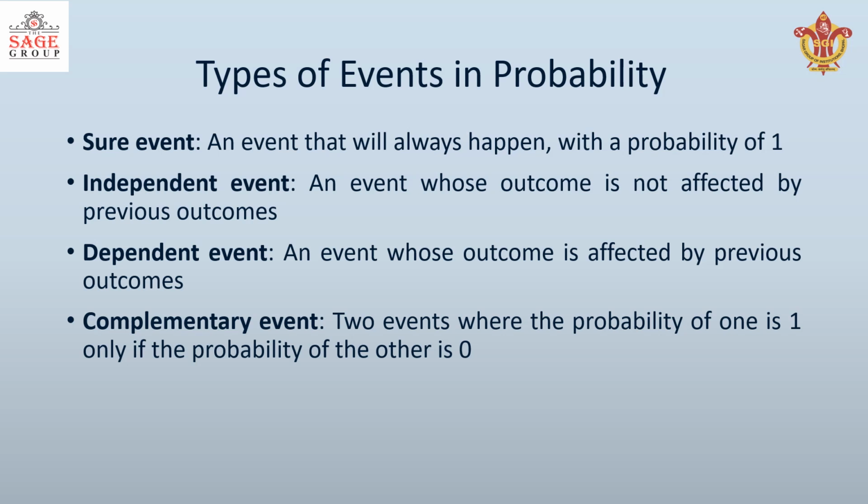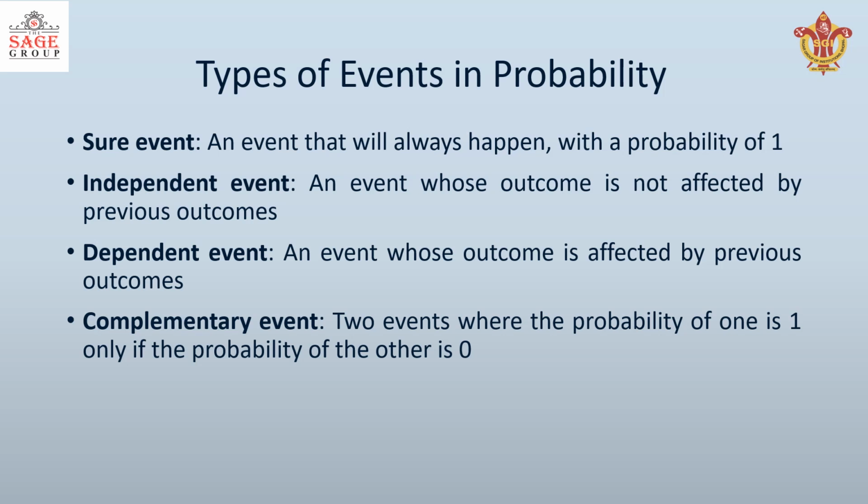Next, we come to the independent events. An event whose outcome is not affected by the previous outcomes is known as an independent event. For example, if we were to toss a coin twice, and suppose I'm looking at the event of getting a head in the second toss.